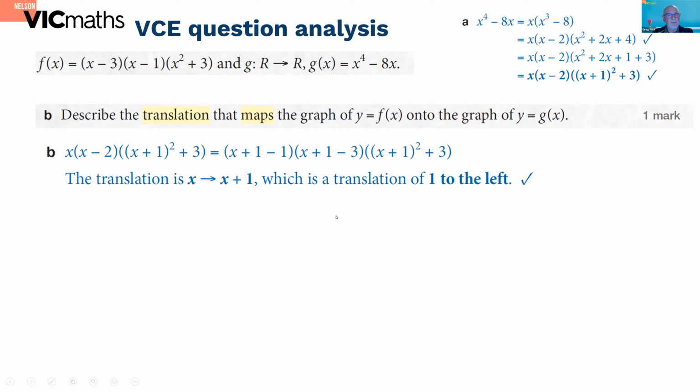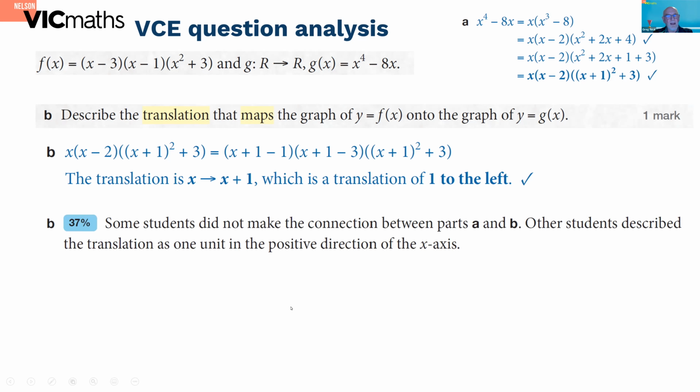Now, because students have already defined f of x and g of x, it's very easy for them to actually graph the 2 functions. If they do that, then it will be obvious which way the graph has moved. A number of students, when they looked at that x changed to x plus 1, thought that that translation was 1 in the positive direction of x, whereas in fact it's going to move it to the left.